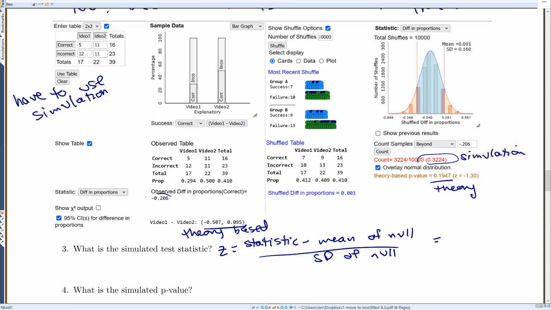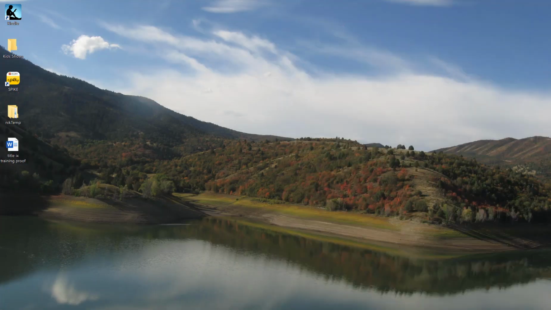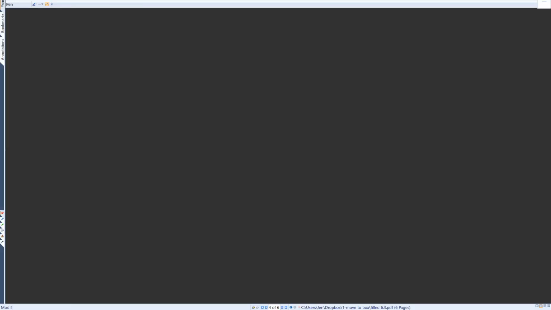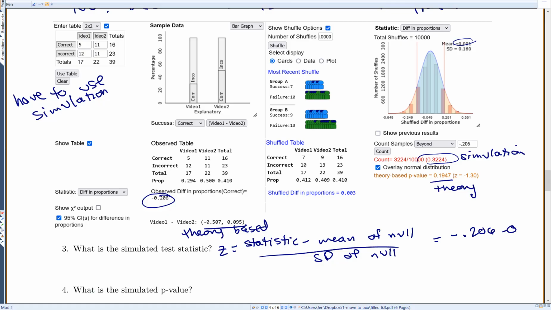So my statistic, what I actually got for my statistic, is this negative 0.206 minus the mean, which might not be exactly 0 because you're using a simulation, but we know theoretically it should be 0. So you are welcome to either put 0 or this 0.01. Either way, your answer is going to be close enough. And divide by the standard error of it, which according to our simulation is 0.16.